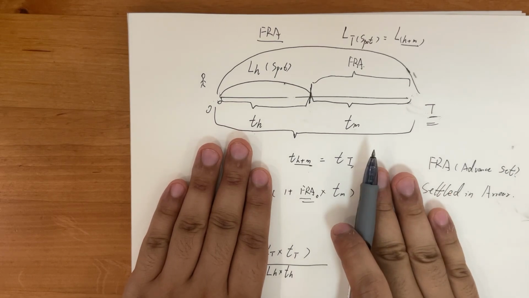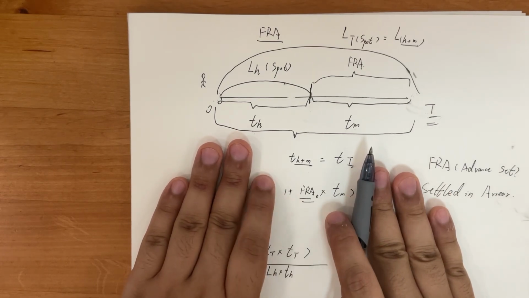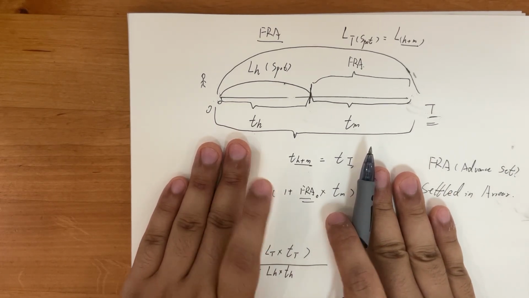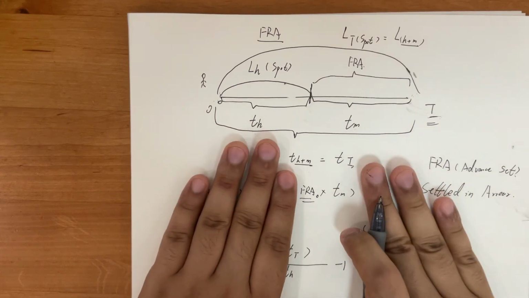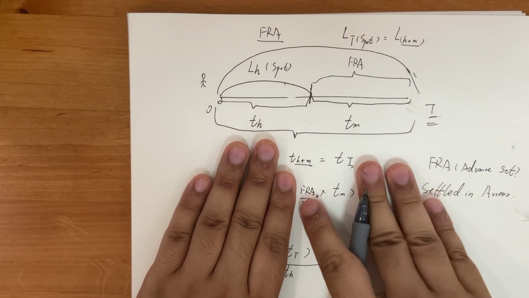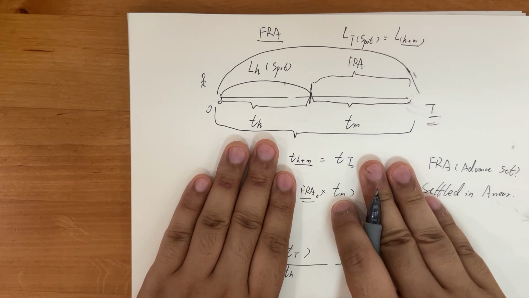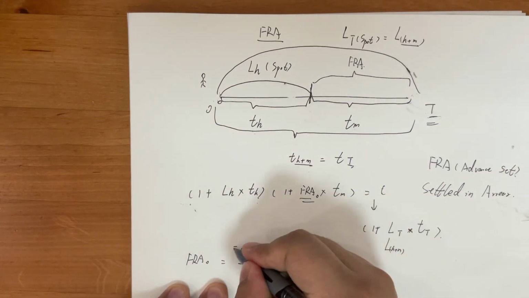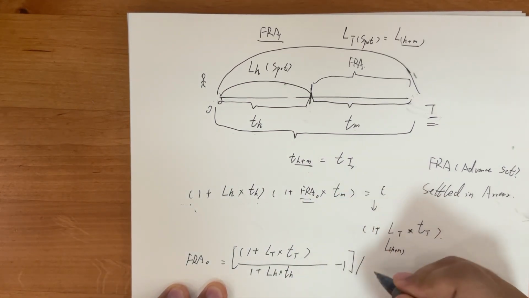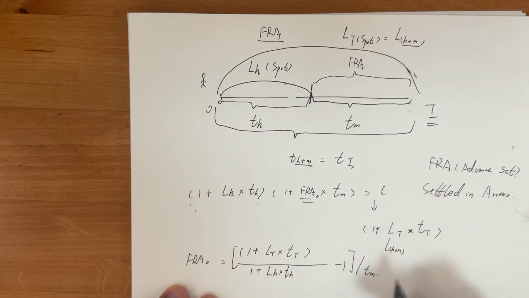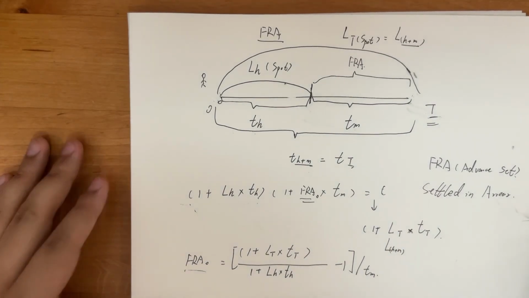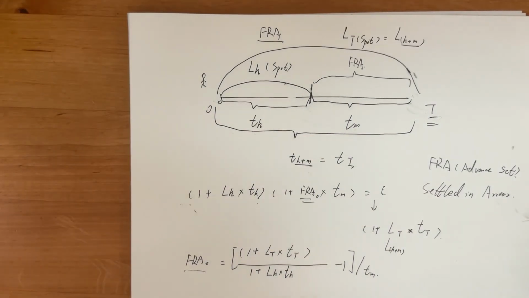Then you get this. But you want to get the FRA, so you subtract 1 from both sides, so this is gone, and you want to calculate the FRA divided by T_m, so all that divided by T_m. That will be the FRA. Really simple. And yeah, that's how to calculate the FRA.